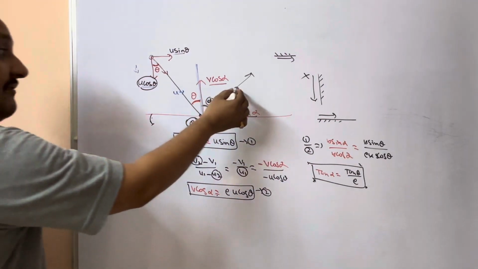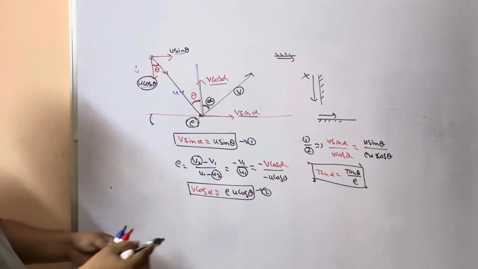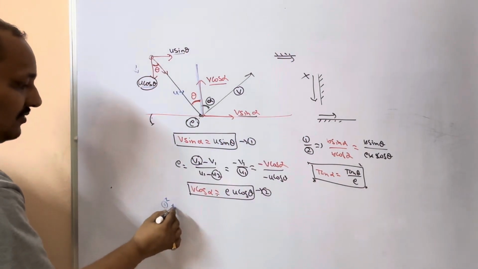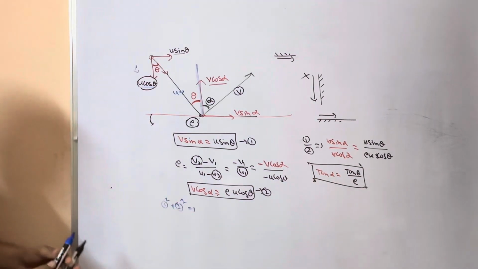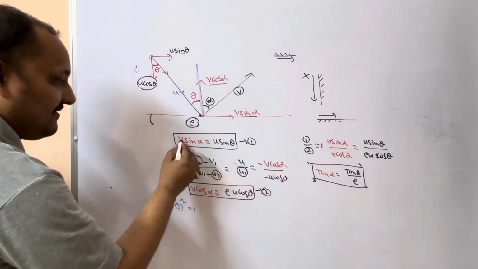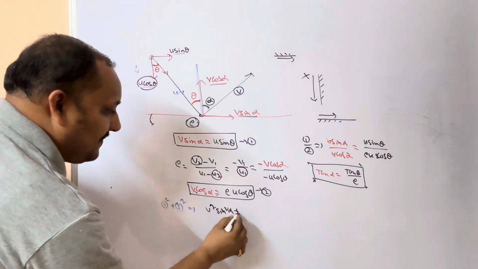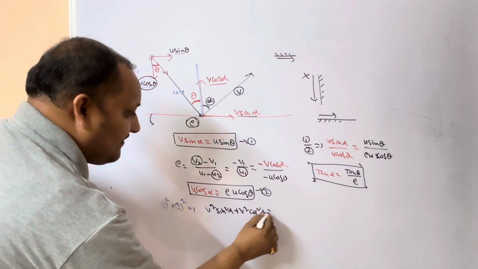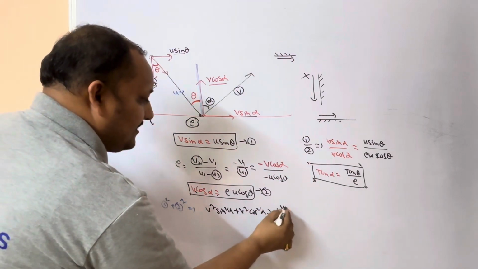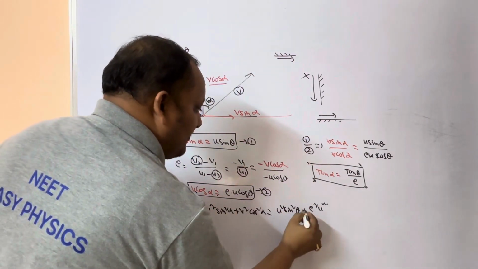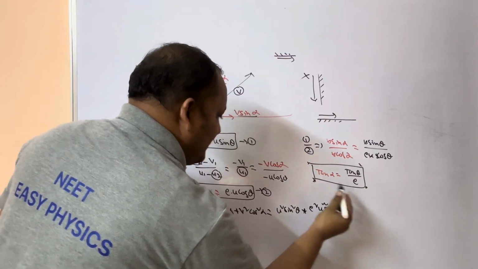Next, with what velocity will it move? For that we take equation 1 squared plus equation 2 squared. On the left, v squared sin squared alpha plus v squared cos squared alpha; on the right, u squared sin squared theta plus e squared u squared cos squared theta.